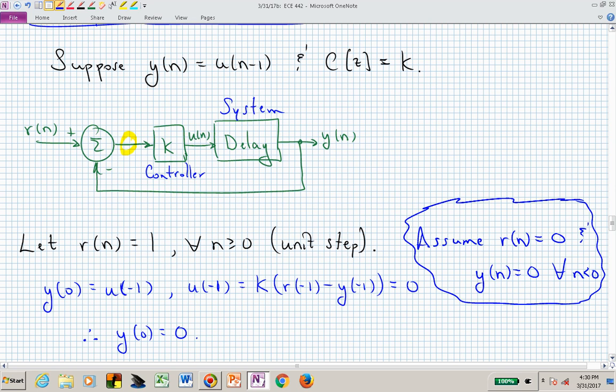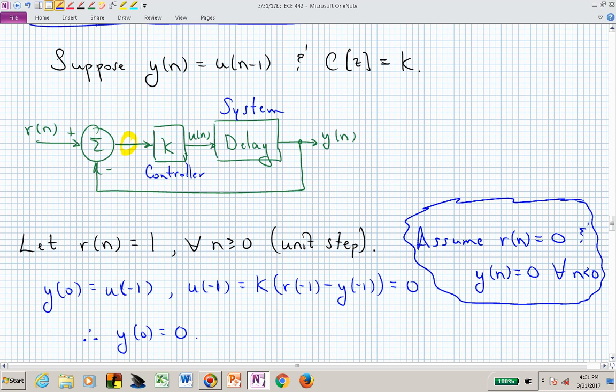Well, if that's the case, then y of 0 is u of minus 1 by definition. And what's u of minus 1? If we look at our block diagram, that's K times r of minus 1 minus y of minus 1. But r of minus 1 is 0, y of minus 1 is 0. We multiply 0 times K, we get 0.